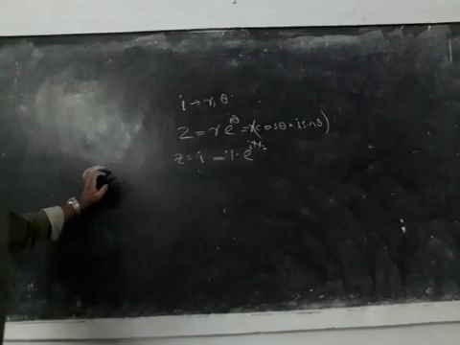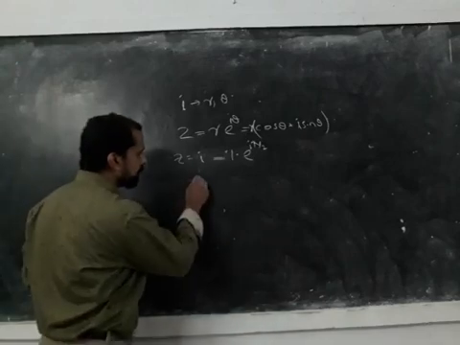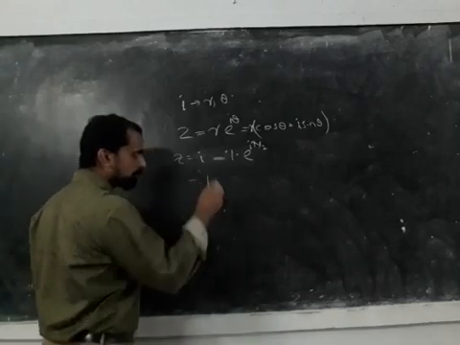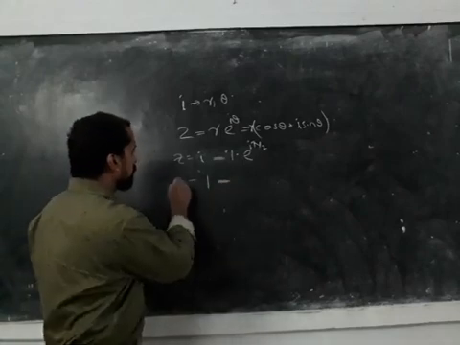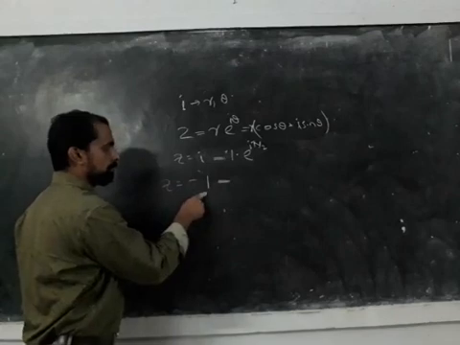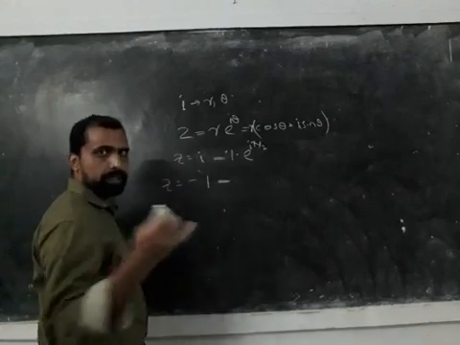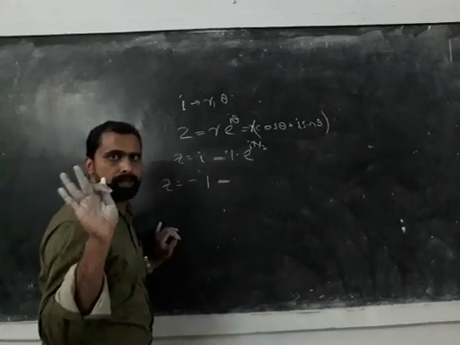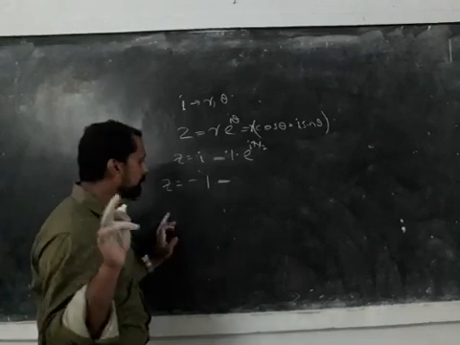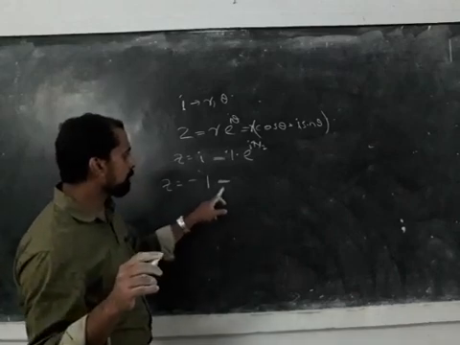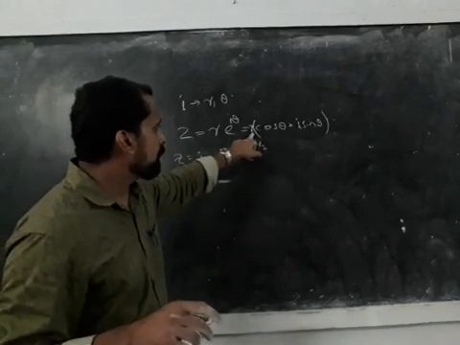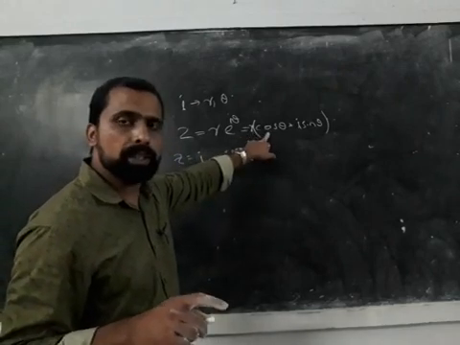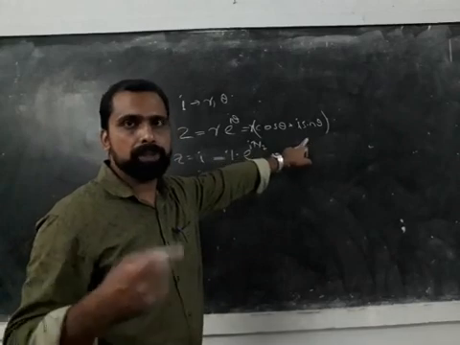Okay, and what about minus 1? If you want to get minus 1, because my z is minus 1, that means my y value is 0 and x value is minus 1. So here you need cos theta equal to minus 1 and sin theta must vanish.